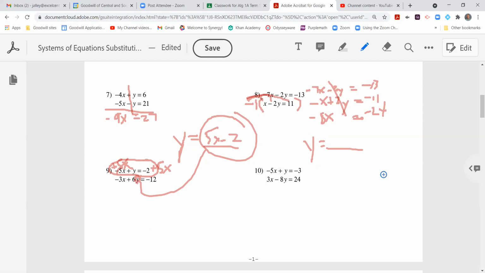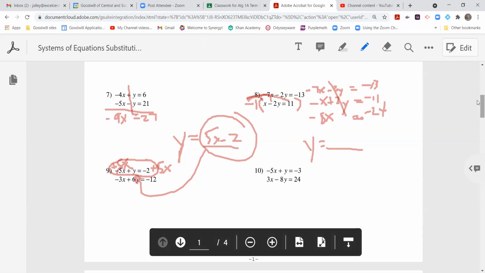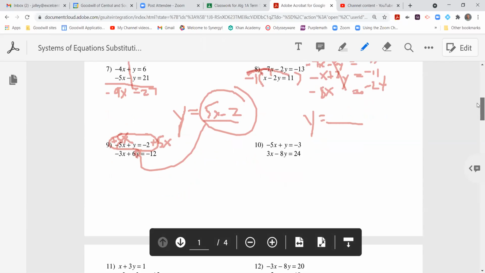Okay, that's exactly right. You're basically just manipulating the equation, solving it for y to put it in slope-intercept form. So now you've got your expression that's equal to y that you can substitute for.